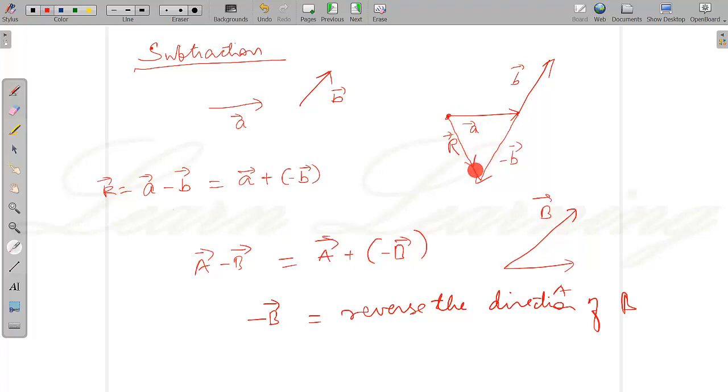This is your resultant. Now you can apply the same formula which we applied for the triangle law. So your triangle becomes this one, with A, B, and the angle between the vectors. If you solve this using the formula, you will get the result. A minus B basically means the sum of A vector and minus of B vector.